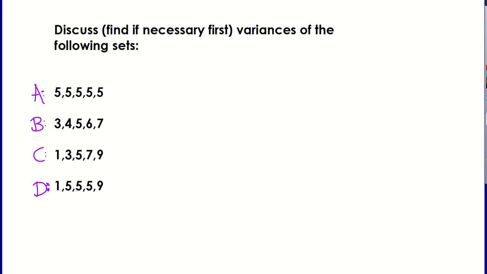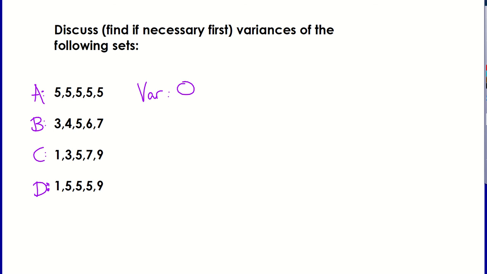The set that has all 5s, well, the mean of that set would be 5, and each of these numbers varies none from that mean, so the variance here is simply 0. That would definitely have the least variance if I'm ordering these from the least to the greatest.